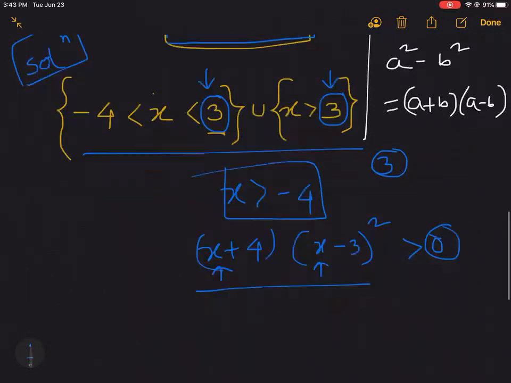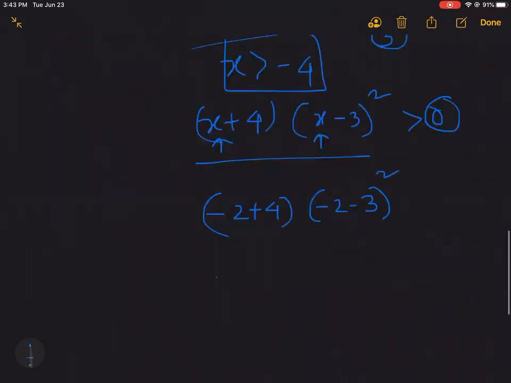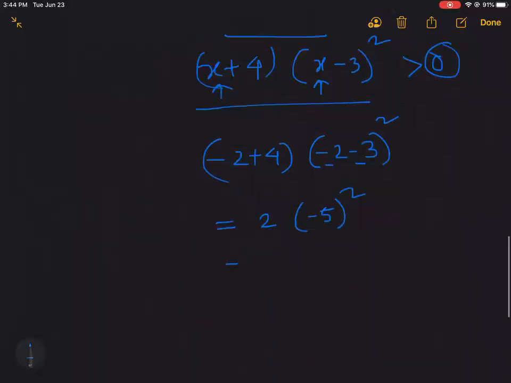Negative 2, okay. Let's try negative 2. Negative 2 plus 4, negative 2 minus 3 squared. Negative 2 plus 4 will be 2. And negative 2 minus 3 will be negative 5 squared. So 2 times negative 5 squared, that is 2 times 25. It's 50, it's definitely greater than 0.